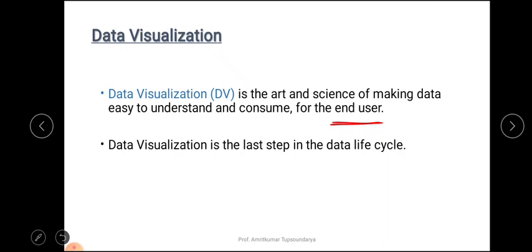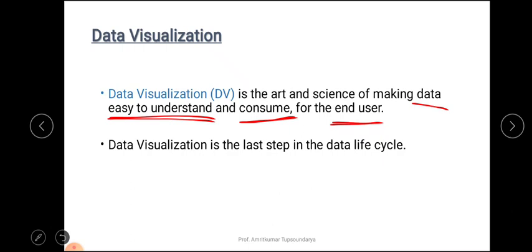It is both the art as well as the science of making the data easy to understand for the consumer or the end user in order to consume that data. In any case, the ideal data visualization shows the right amount of data in the right sequence or the right order, or in the right visual form, to convey the high priority information.